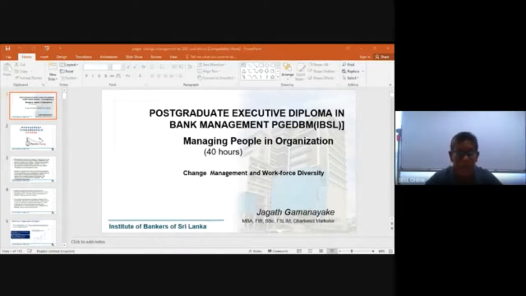Or it may be at group level, or at organizational level. Significant change at the individual level will impact the group, which in turn might influence the whole organization. Then we discussed types of organizational change.